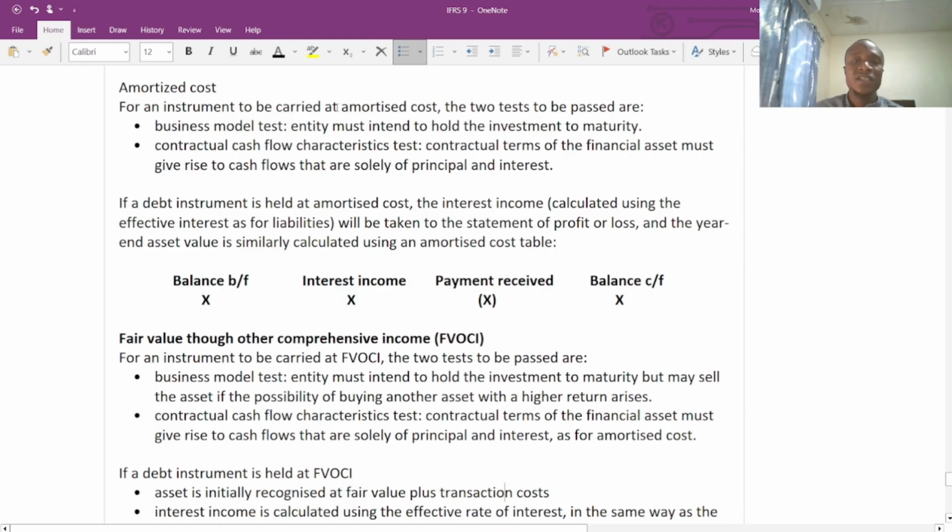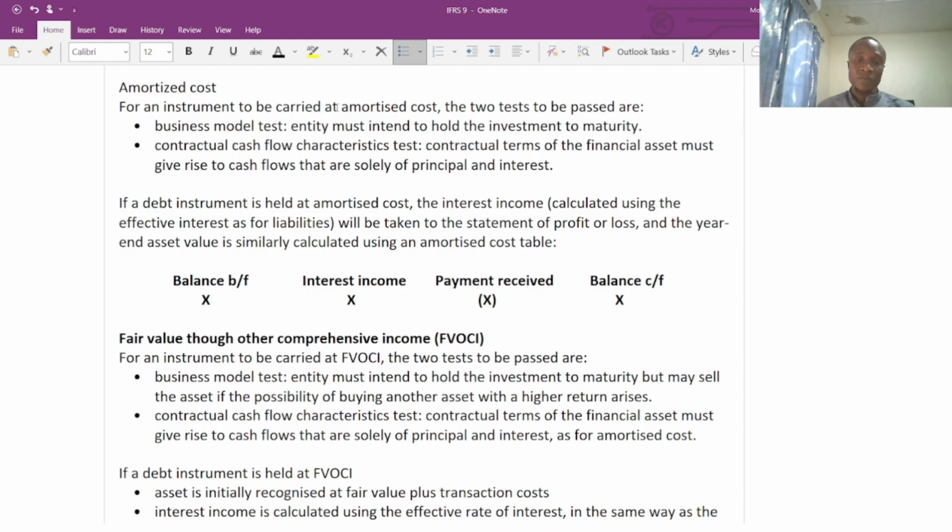If a debt instrument is held at amortized cost, you can remember the amortized cost for the lease liability, the financial liability. We are talking about interest expense and the interest payment. In this situation, we are going to look at the interest income calculated using the effective rate, as for a liability.